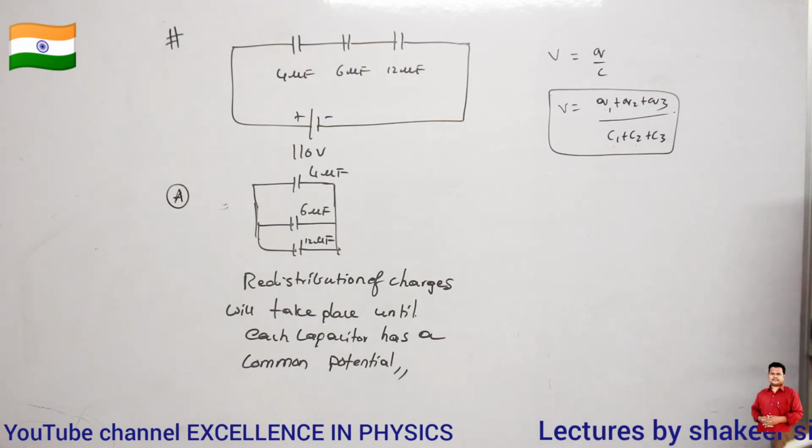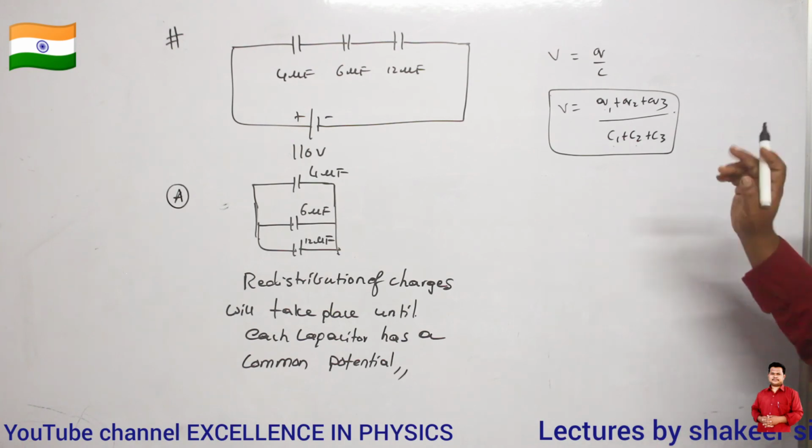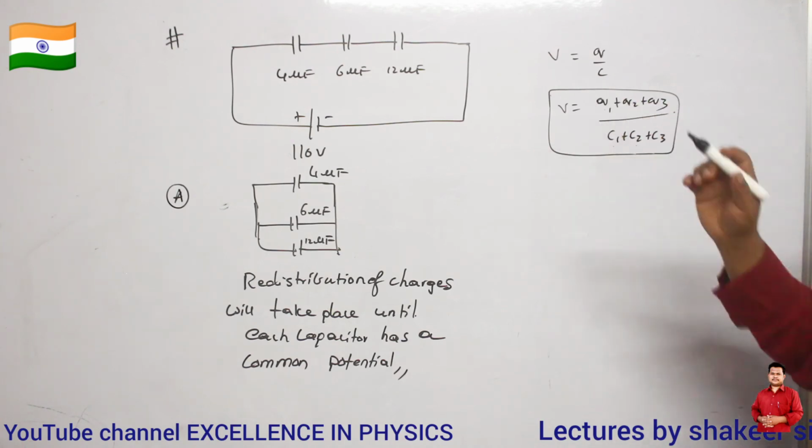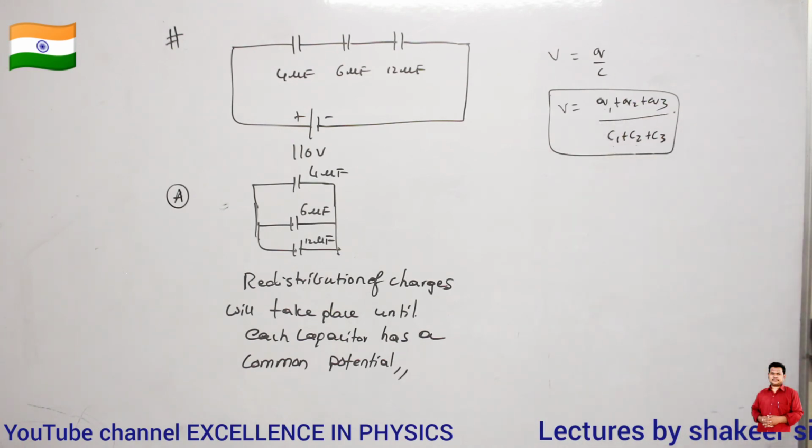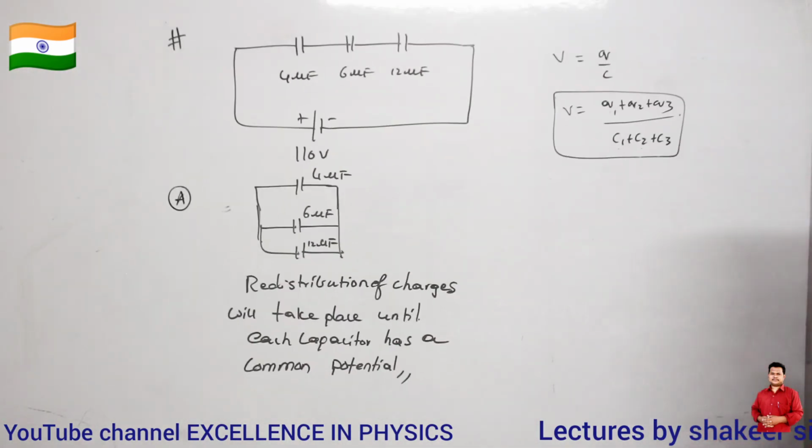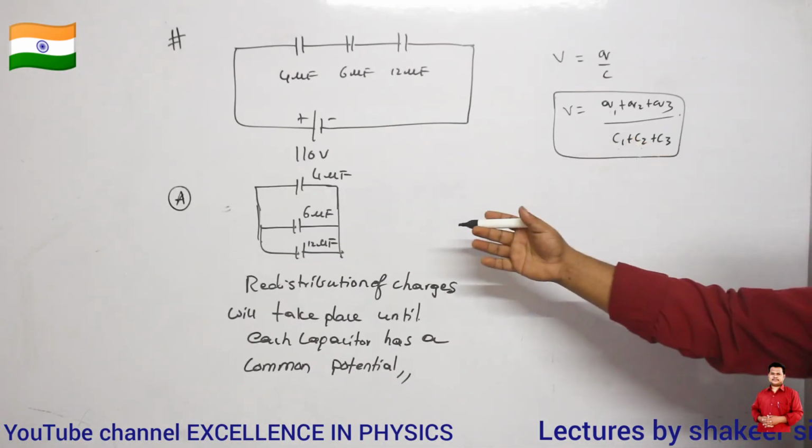Okay. Now, how can I calculate the initial charges which are present on these capacitors? So therefore, this is the common potential.